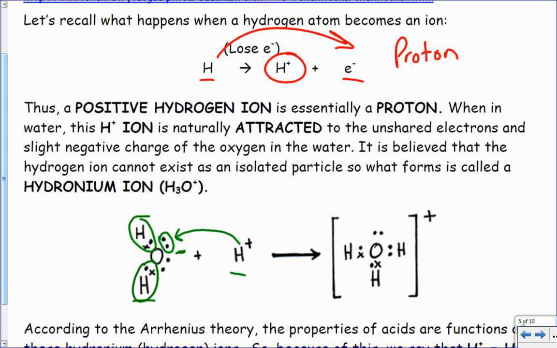But here, where this hydronium ion is going to go, notice that there's no X. That hydrogen did not bring an electron with it. This is a special kind of bond. This is the piece that comes up every year. It's going to be on there somewhere. It's called a coordinate covalent bond.